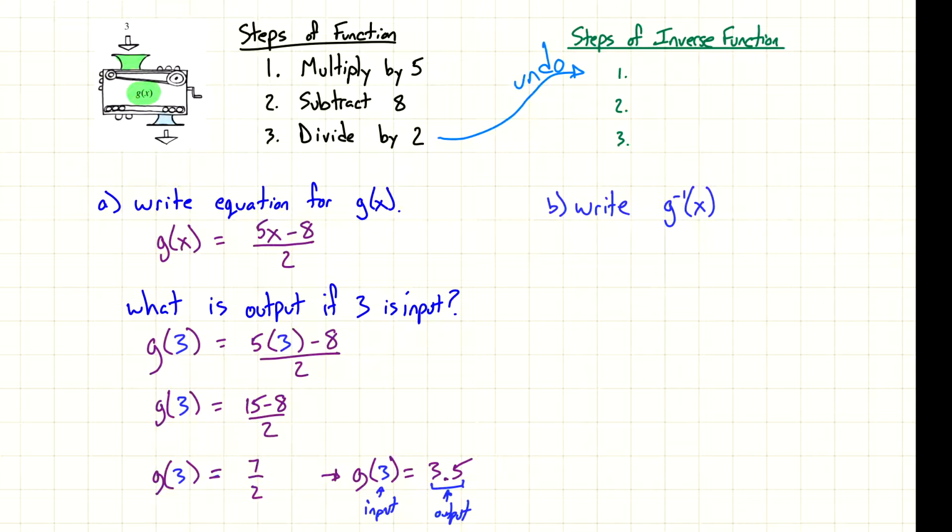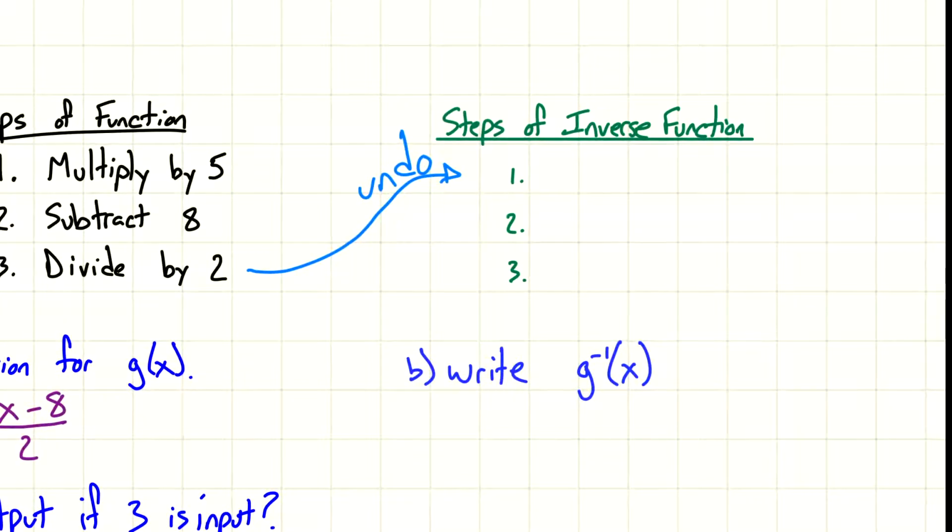And what I mean by undo is not only are we going to do this last step first, but it's going to undo that division that it was doing initially. So what's the opposite of dividing? The opposite of dividing for us is going to be multiplying. So I'm going to zoom into this. So we're going to multiply by 2.